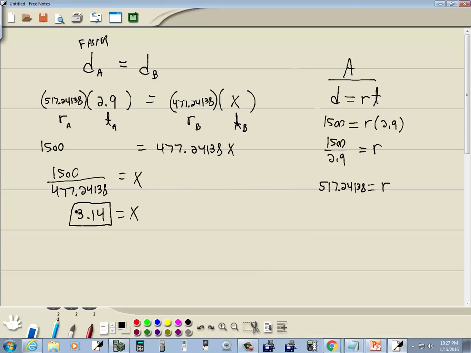Now that's the problem with rounding, though. It isn't exactly 1500, is it? If we'd taken this out to many decimal places, we'd see that our answer would still come out a little bit closer. But just for ease of this, we'll go with this 3.14 as our answer.